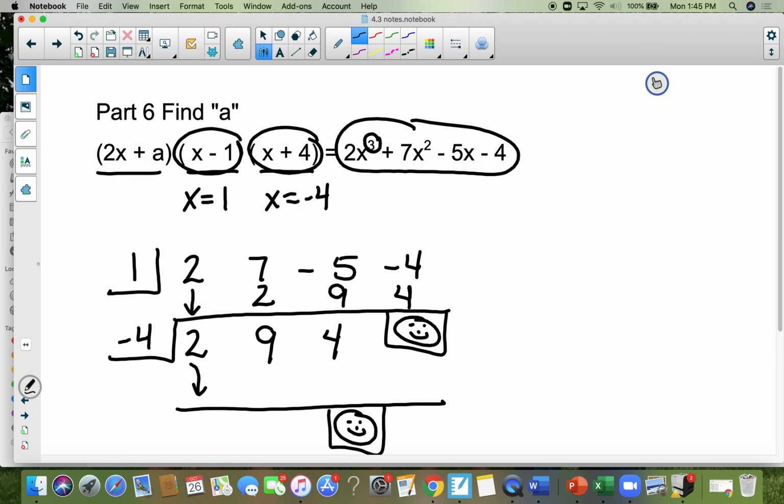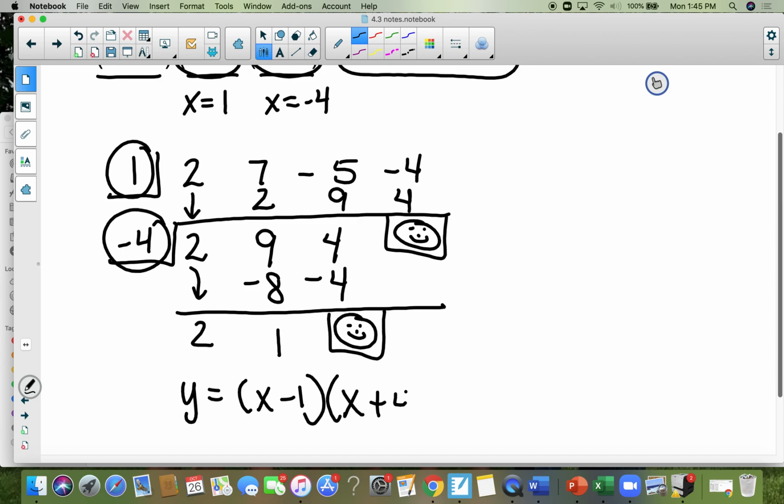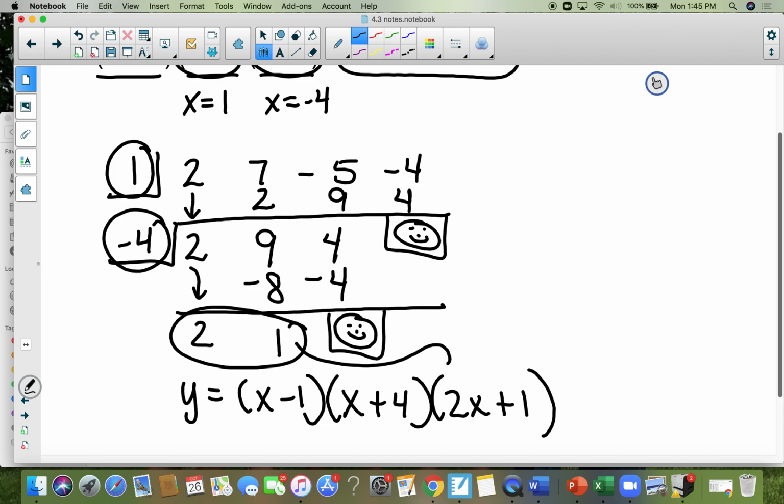Bring down my 2 to start this. -8, +1, -4. So, in factored form, I know that 1 is a solution. I know that -4 is a solution. And I know the rest of it's right here, which is 2x plus 1.